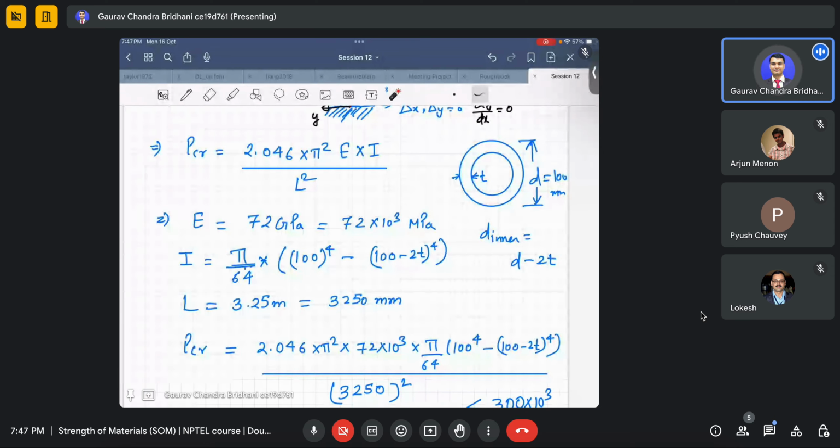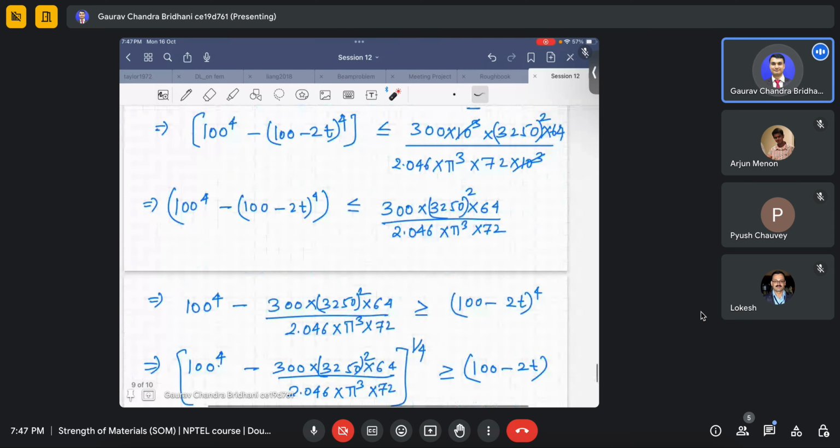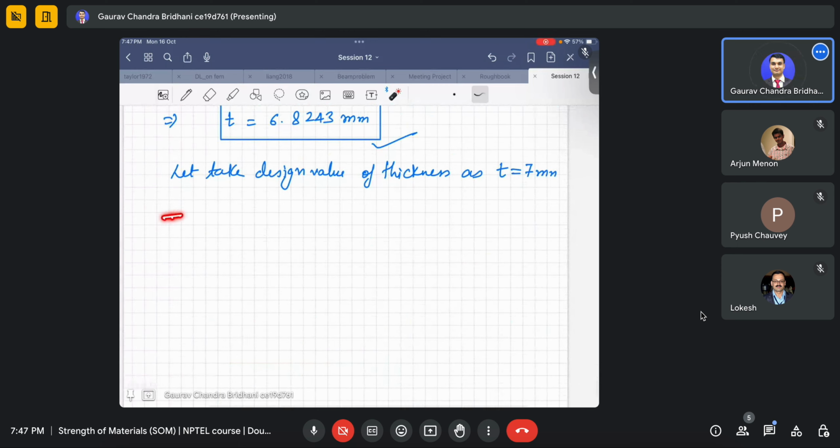That means if I take more thickness, the I will increase. So let's find I. I is pi by 64 into 100 to the power 4 minus 86 to the power 4.